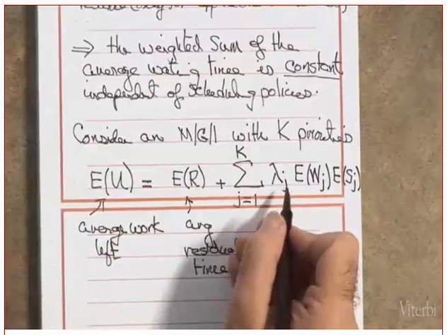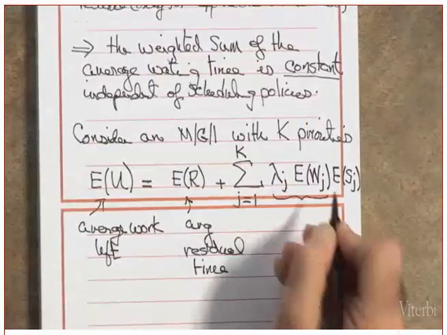Clear? Okay. Now, is this dependent on the scheduling policy? E of U is the average amount of work left. Does it depend whether it's first come first serve, or last come first serve, or priority? It does not.